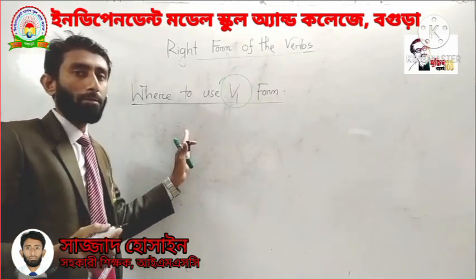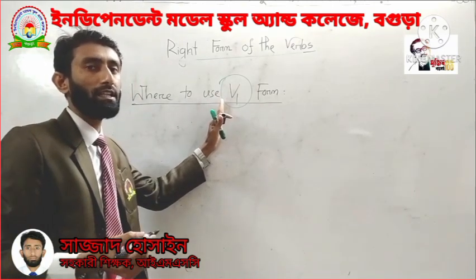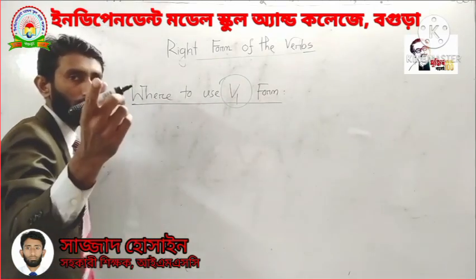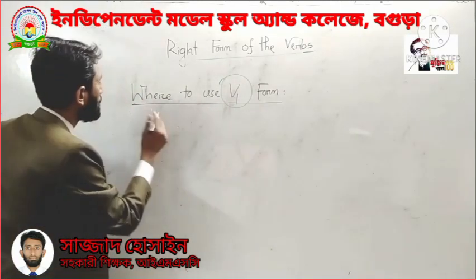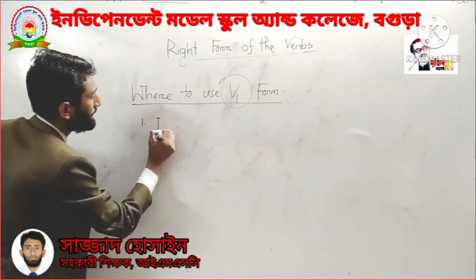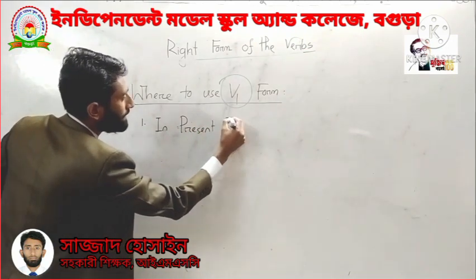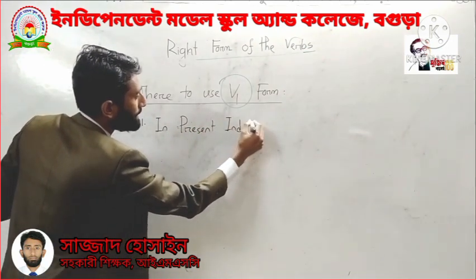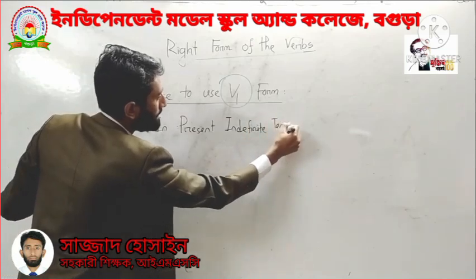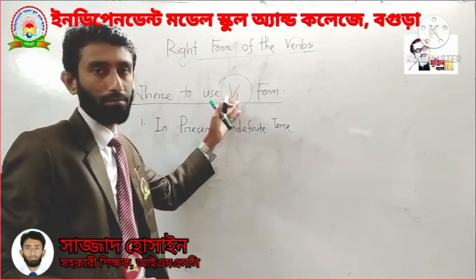We know V1 is a form of a verb and this is mostly used in present indefinite tense. So you write it down in your exercise book. In present indefinite tense, we use V1 form.